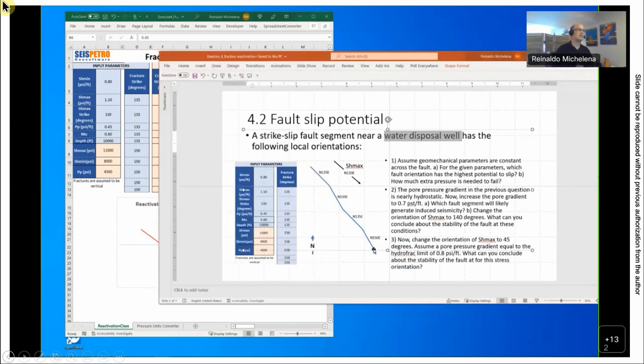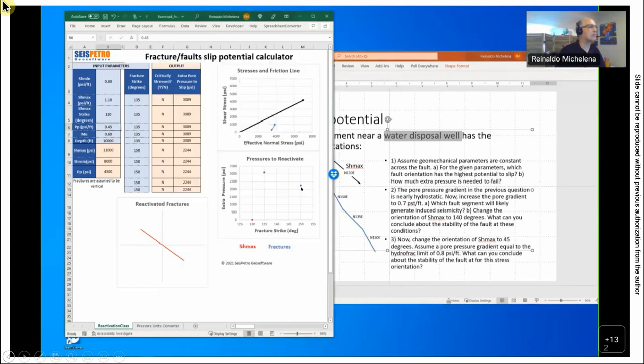If you're going to create an earthquake, it will most likely come from these zones. And then it asks how much extra pressure is needed to fail. Here we can see the extra pressure will be 2,000 psi additional when you inject that water. When that happens, these orientations will reactivate.